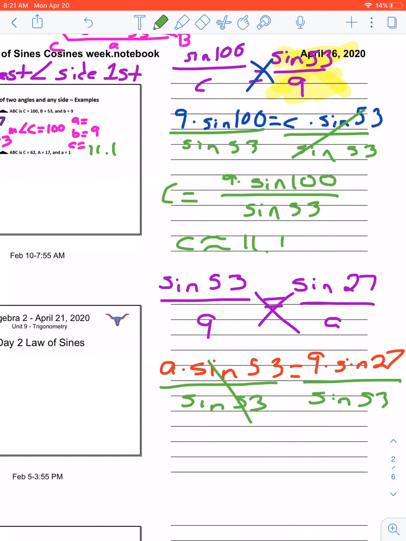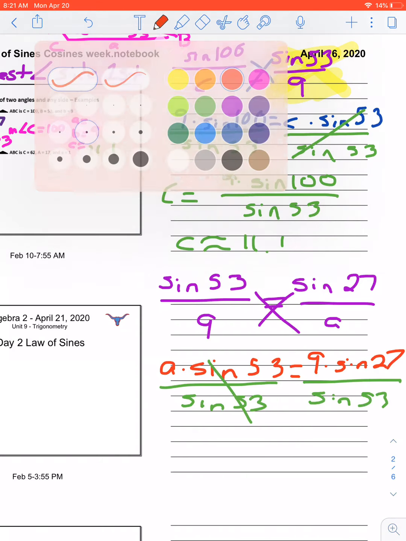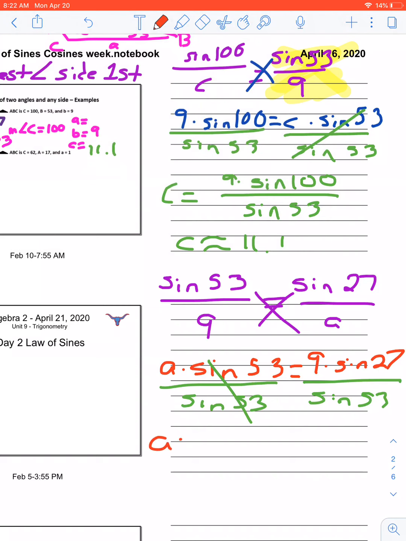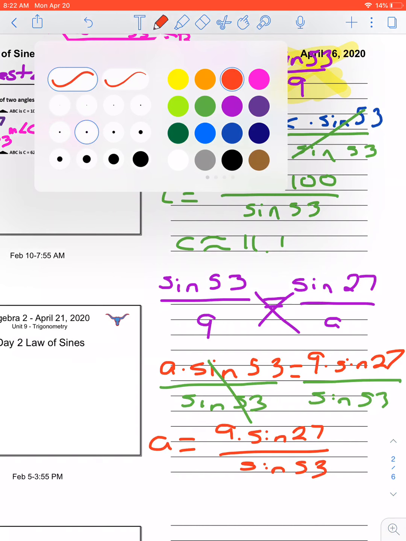These are going to cancel. And then what I'm left with is A equals 9 times sine 27 over sine 53. And so I figure that out.